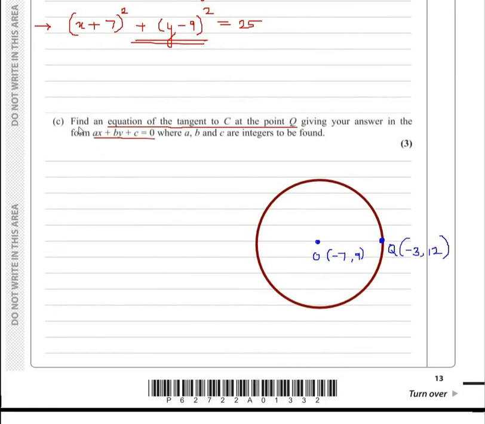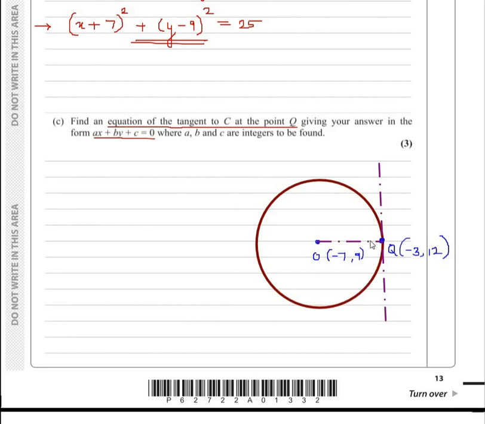What they are asking is, find an equation of the tangent to C at the point Q. That means there is a tangent running exactly through point Q, so we need to find the equation of this tangent. To find it, I am going to make use of the radius.